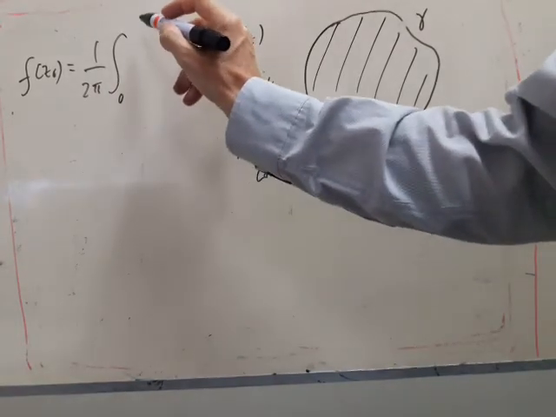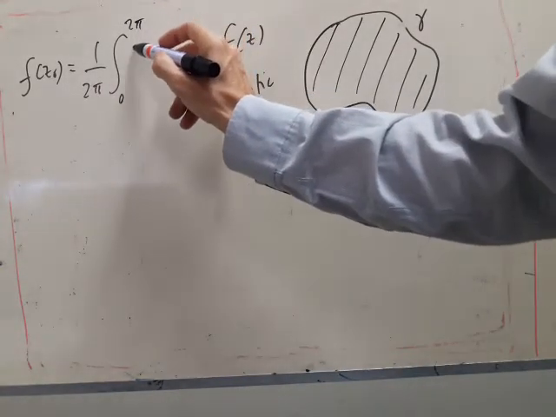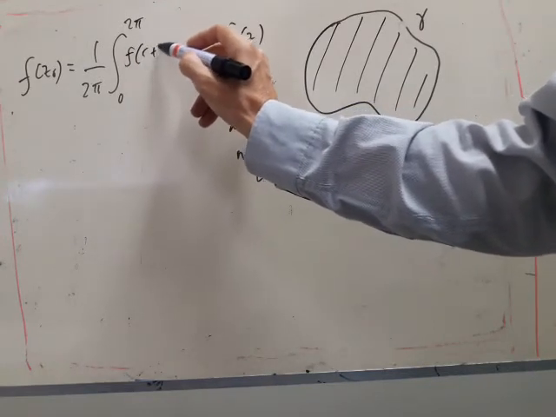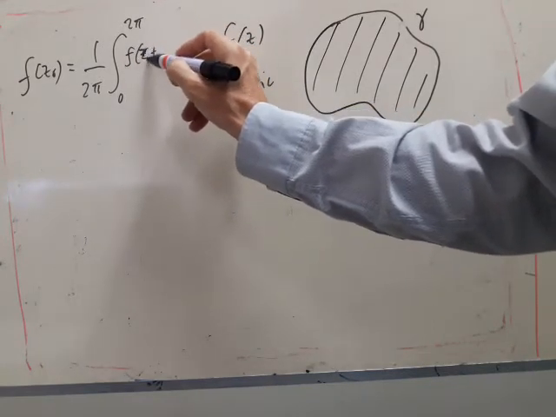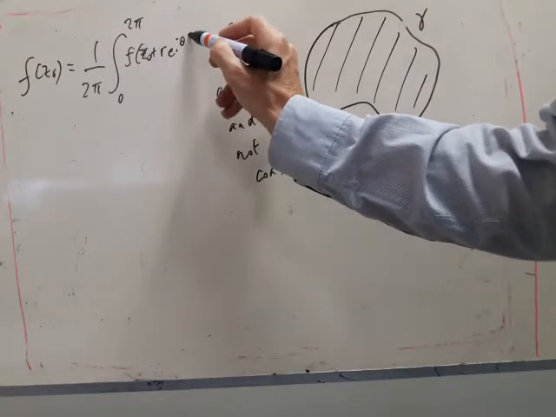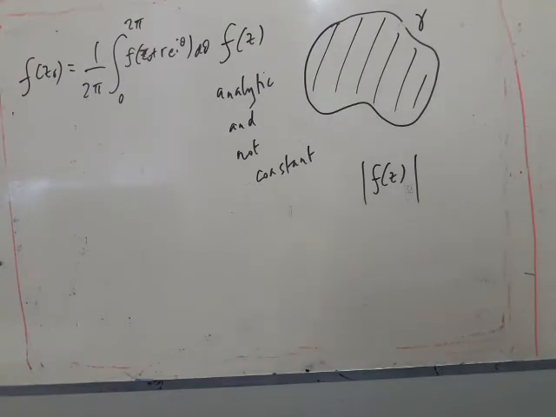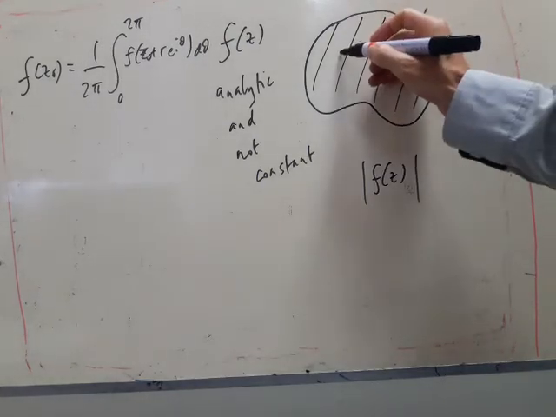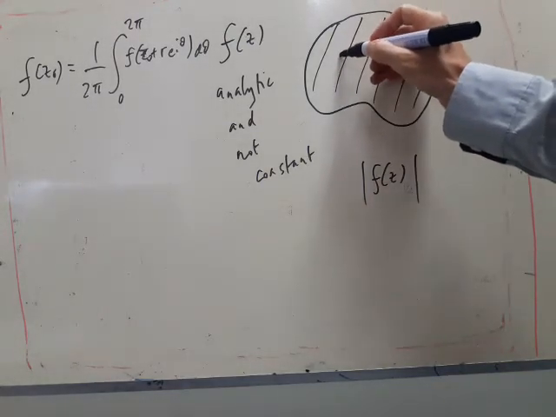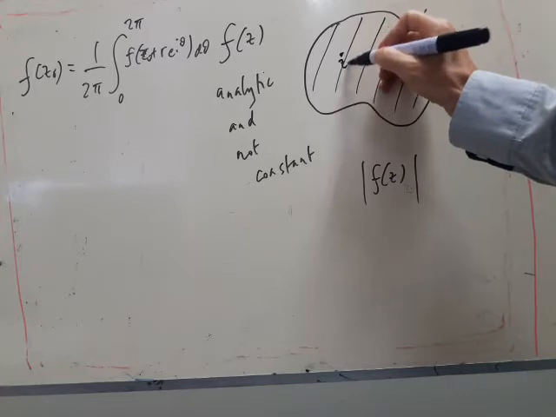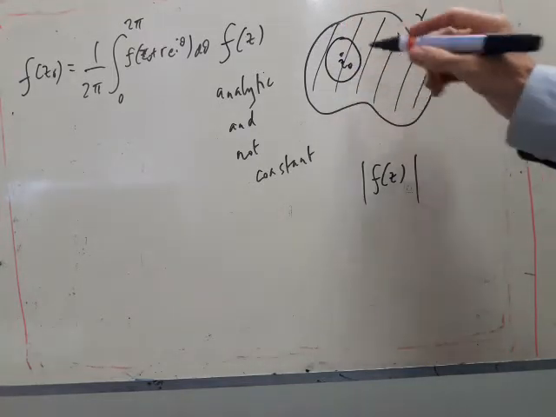It says that if you've got some circle, then the value of f at the centre of the circle is equal to the mean value of the points surrounding it.